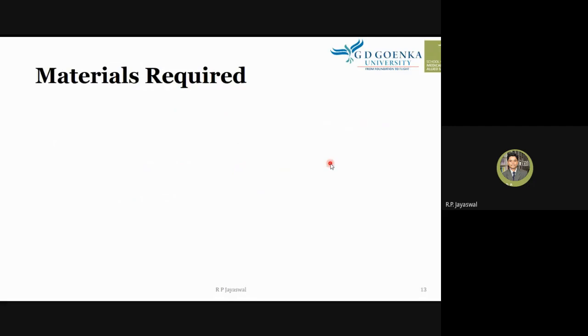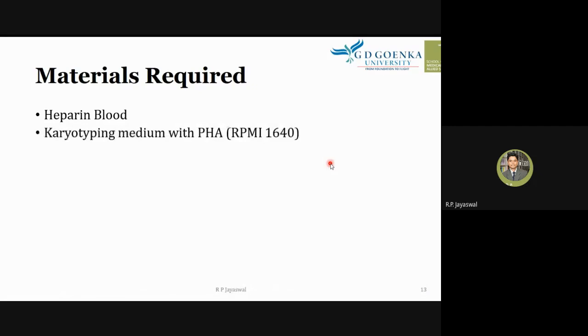What materials do we actually require? The materials required for karyotyping are: we need heparinized blood. We need a special medium called karyotyping medium, which is RPMI 1640, which also contains phytohemagglutinin, a mitotic stimulant.